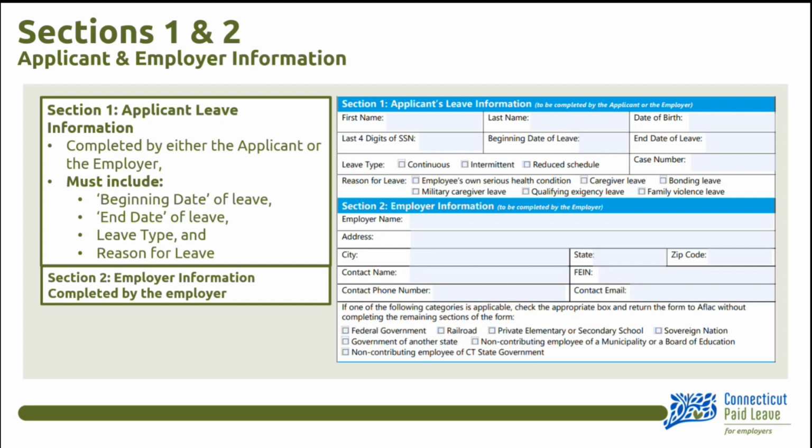If you receive an EVF and you are a non-covered employer, we need you to complete sections 1 and 2 of the form and check the box in section 2 that describes your organization. But you do not need to complete the rest of the form unless we provide you with specific instructions to the contrary.